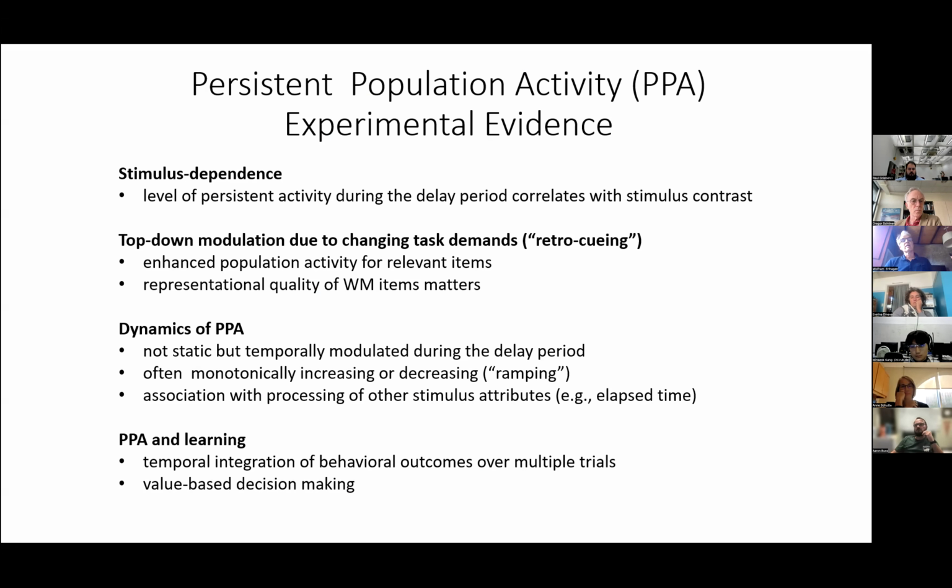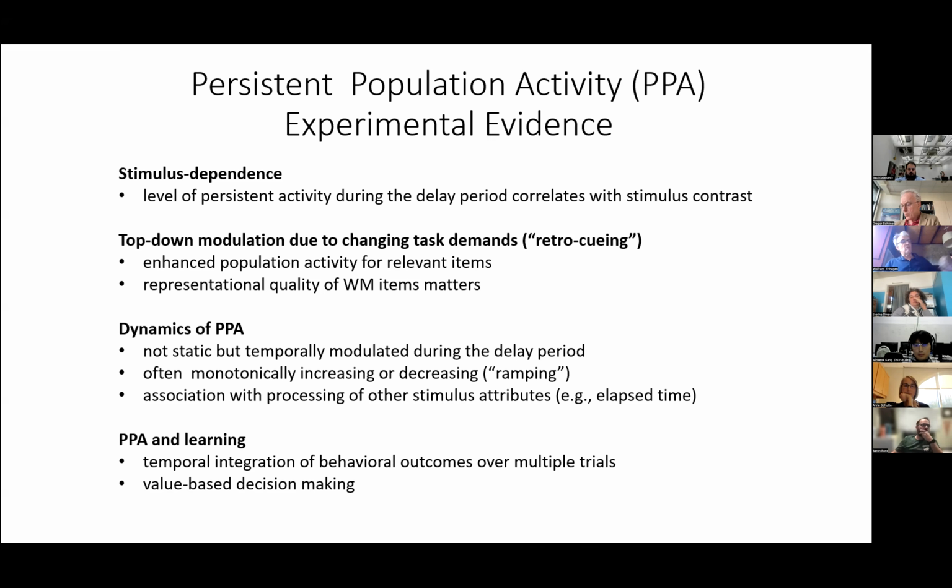It's not, as suggested by the static bump, a static phenomenon, but there are a lot of fluctuations during the delay period. Often this fluctuation is systematic, showing a ramping up or ramping down. This ramping activity has been associated with the processing of other stimulus attributes, and I will speak a bit about time as a second dimension.